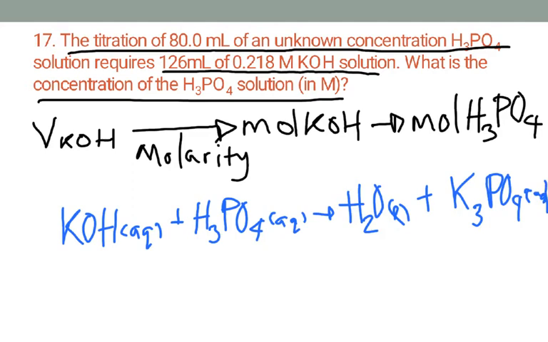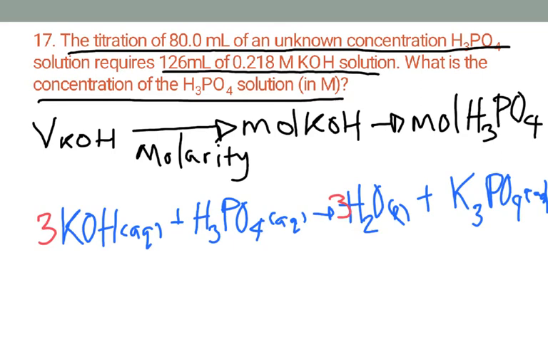Alright, so let's balance this. On the right-hand side, there are 3 potassiums, so we're going to need 3 potassiums on the left-hand side. And then there are 3 oxygens from hydroxide on the left-hand side, so we're going to need 3 on the right-hand side.